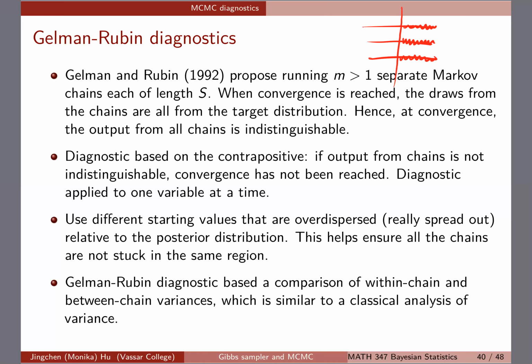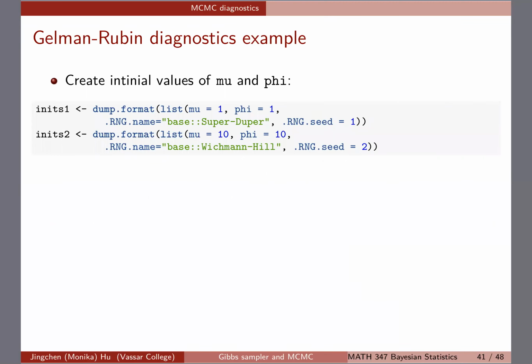So ANOVA helps us identify that, and the Gelman-Rubin diagnostic, like what we write over here, is based on comparison of within-chain and between-chain variance. It's similar to the ANOVA idea. There is a certain threshold number that, if the Gelman-Rubin diagnostic is computed, you should pass in order to make sure that you are indeed passing this diagnostic.